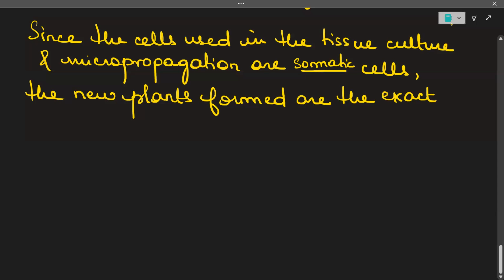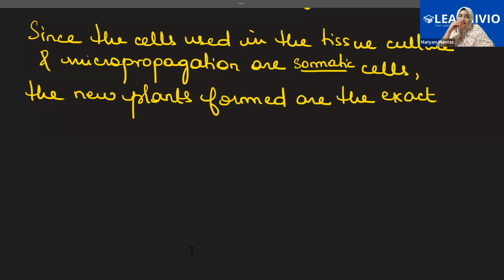See, I am saying that you remember the concept of asexual and sexual reproduction. Yes, ma'am. During the process of asexual reproduction, what used to happen? Only one parent was involved in that process, isn't it? And when only one parent was involved, then any part of the parent body was involved in the process of asexual reproduction, right?